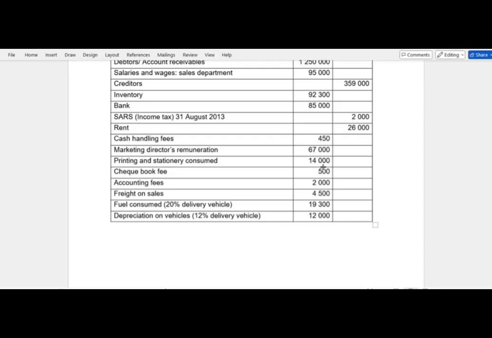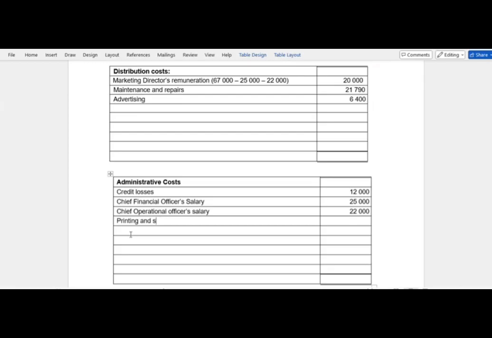In brackets you say 14,000, you subtract 6,400 that doesn't belong there, which belongs to the distribution cost.